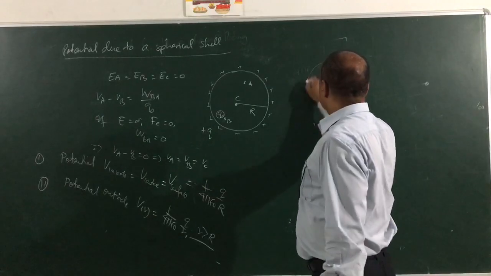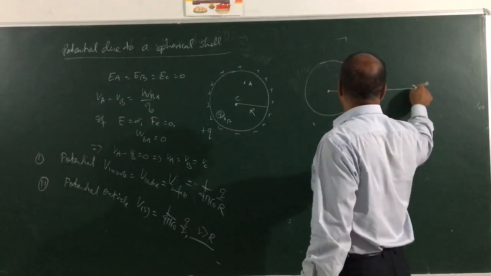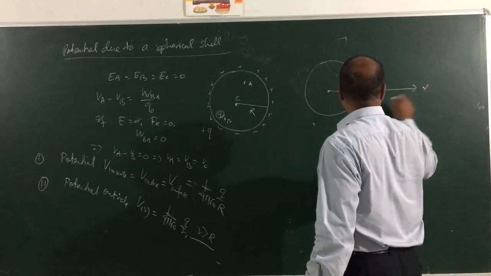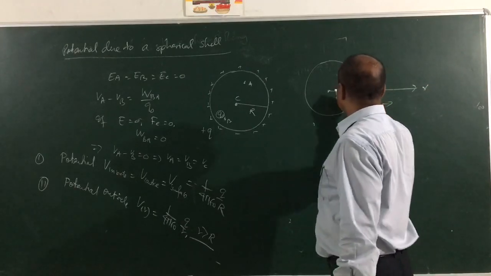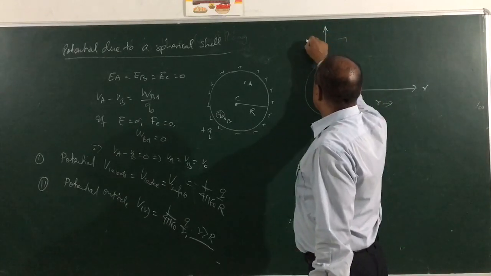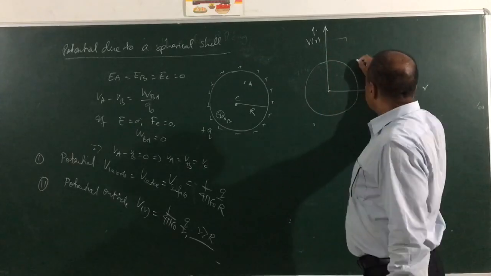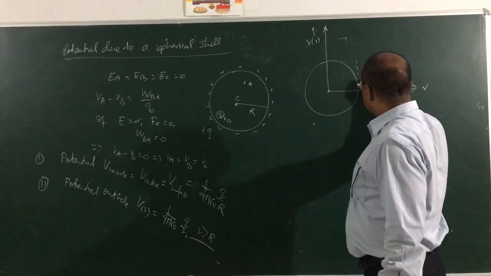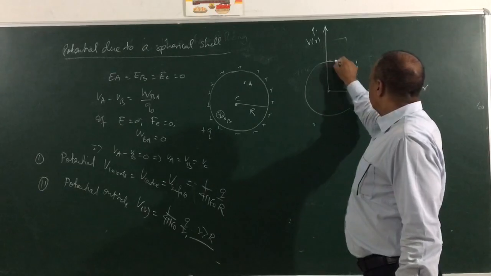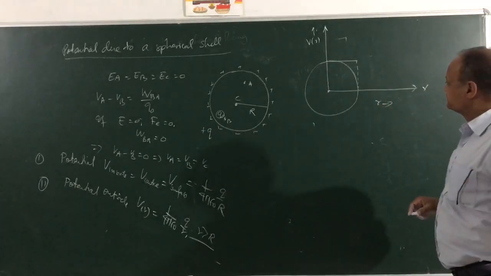This is the graph. This is the x-axis, which is showing distance from the center. This is the y-axis, which is showing the potential at distance r. The graph will come something like this. Up to here, potential is the same.